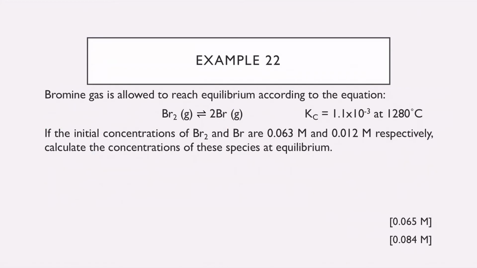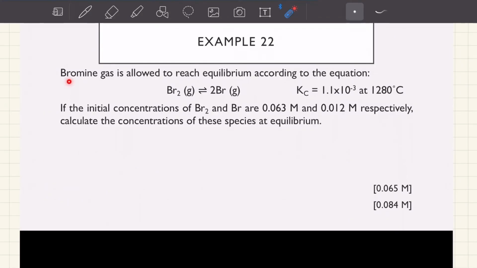Okay? Okay, so this question, I want to do it with you. Okay, so it says that bromine gas is allowed to reach equilibrium according to the equation Br2 gas forms 2Br gas with Kc 1.1 times 10 to the minus 3 at 1280 degrees Celsius. If the initial concentrations of Br2 and Br are 0.063 molar and 0.012 molar, calculate the concentrations of these species at equilibrium. Bagaimanakah itu?